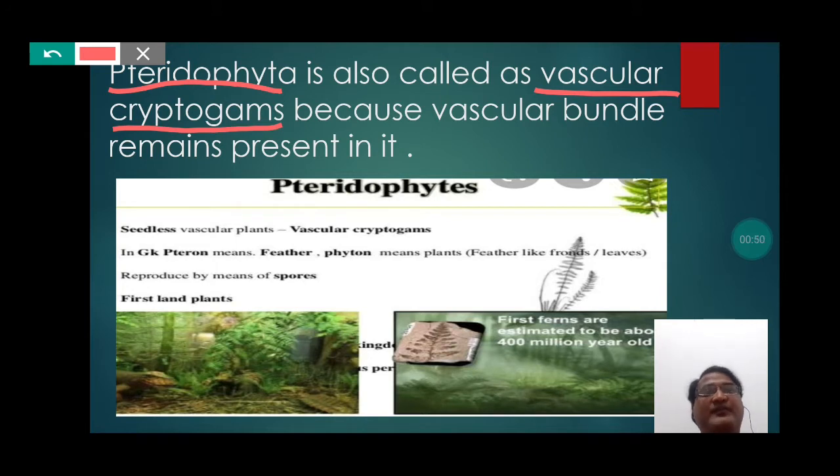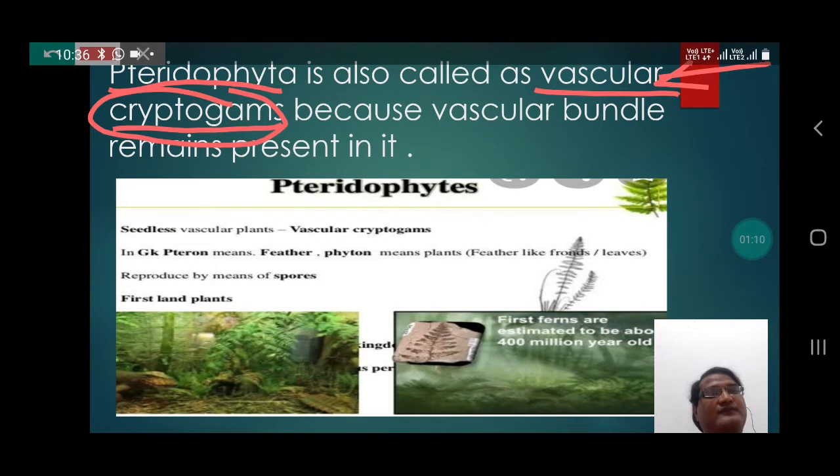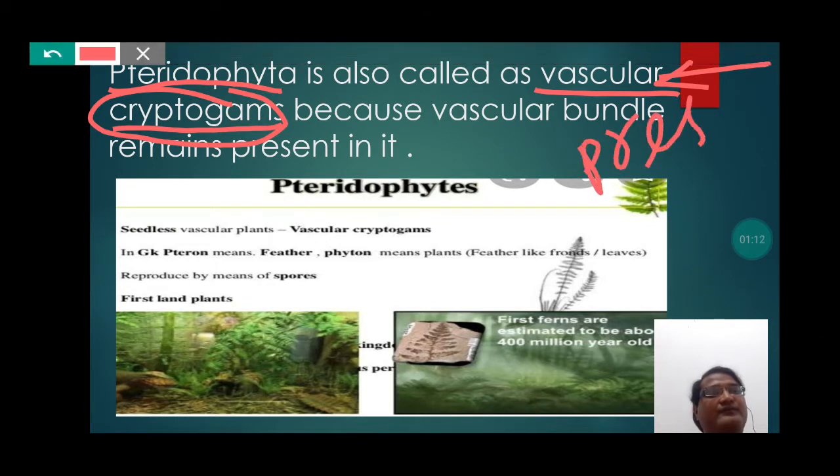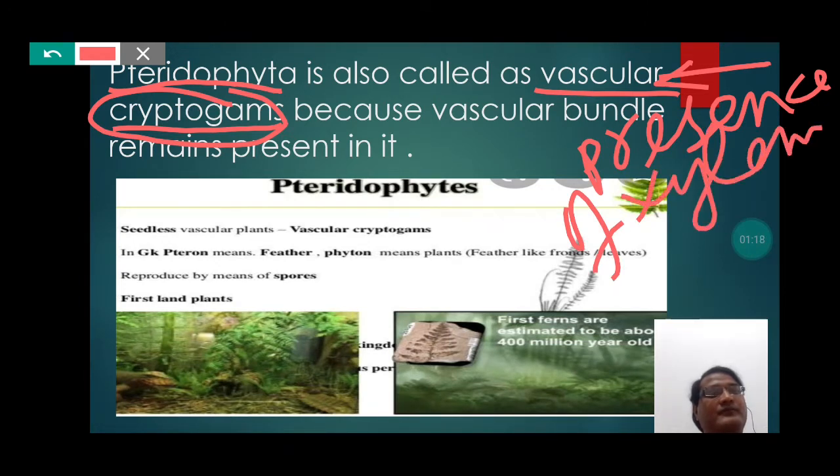So students, here cryptogams represents a group of plants which lack seeds, and vascular represents the presence of xylem and phloem.